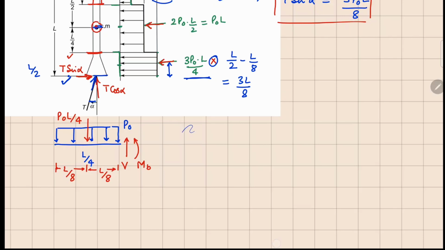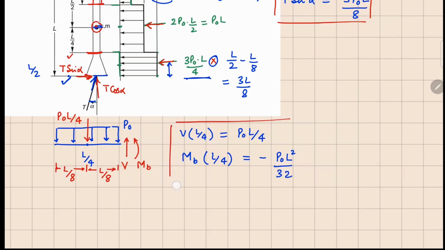If I do the force balance here, I get V at L by 4 equals P naught L by 4, and your MB value at L by 4 is going to be minus P naught L by 4 times L by 8, so L square divided by 32. So this is your shear force and bending moment at L by 4.